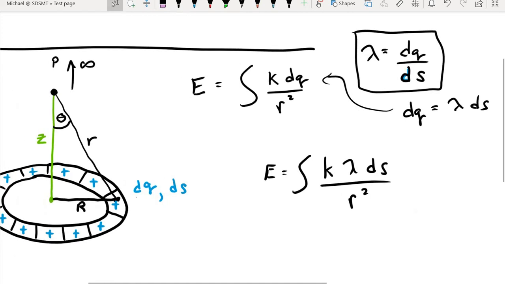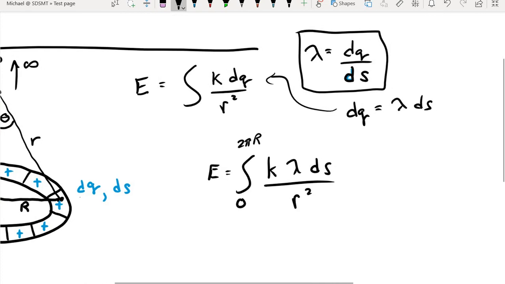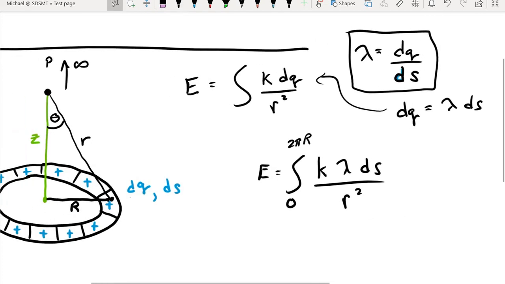And so now it looks like my integral is set up with respect to s, which is the arc length going around the circle. And to go all the way around the circle, well, I'll start at some 0 value and I'll go all the way around the full circumference, 2 pi r. And looks like that's it.